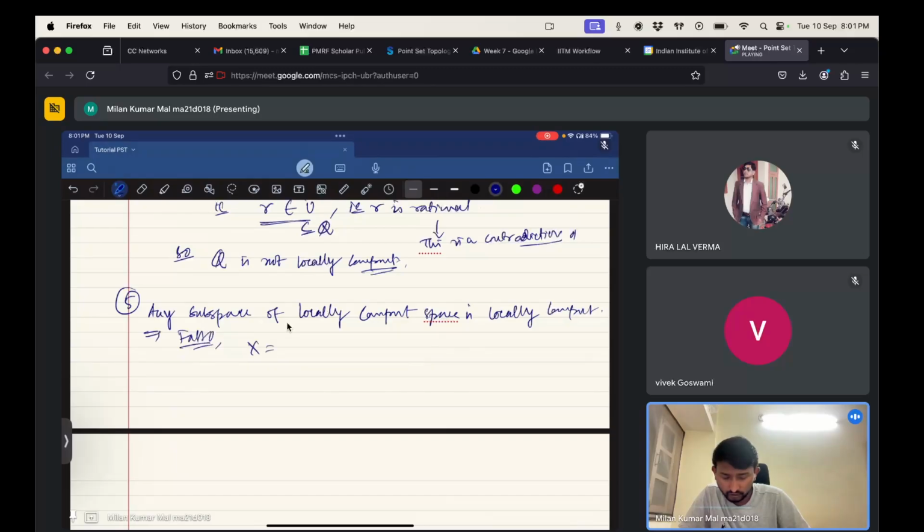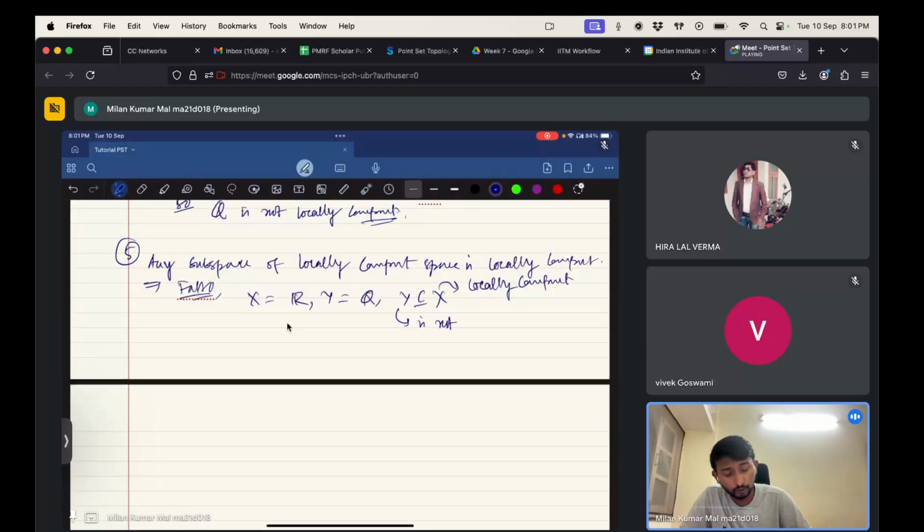Take X equal to the real numbers and Y equal to the rational numbers. Then Y is a subset of X. The real numbers are locally compact and the rational numbers are not locally compact. That is what we proved.